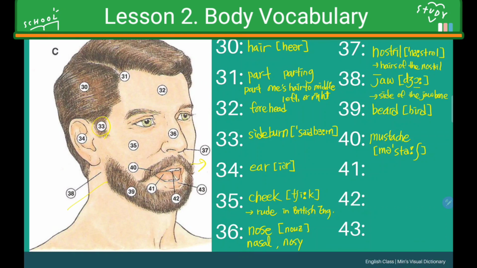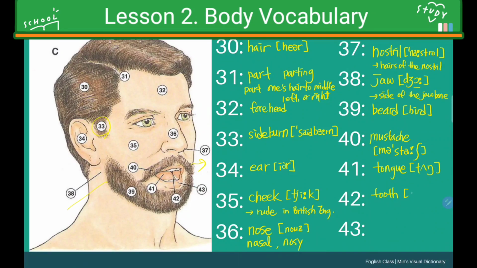All right. And 41 is the tongue. So it's T and just a ung sound. Okay. Tongue. And 42 is our tooth.